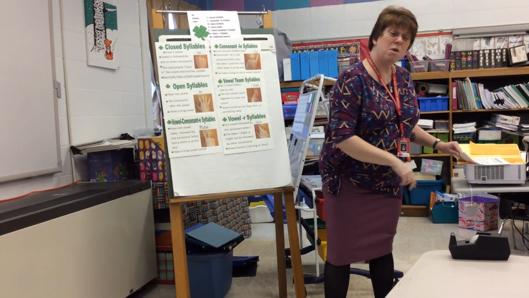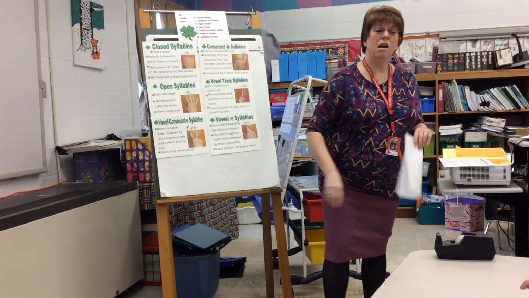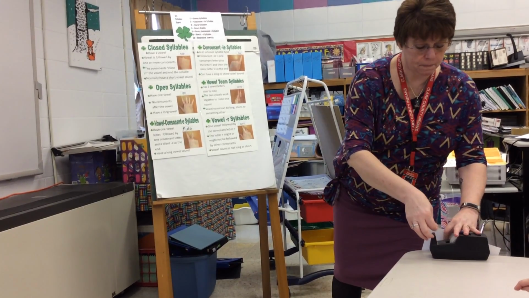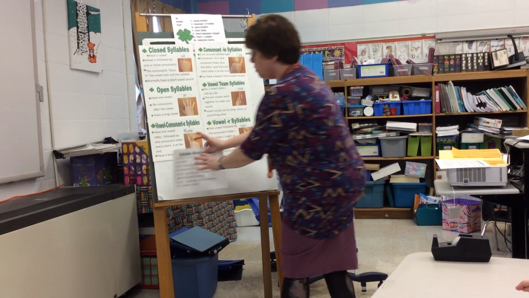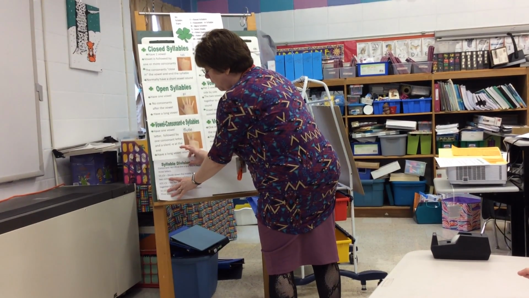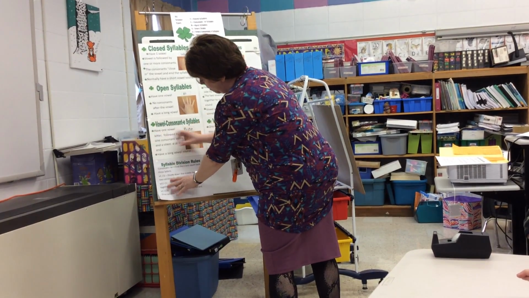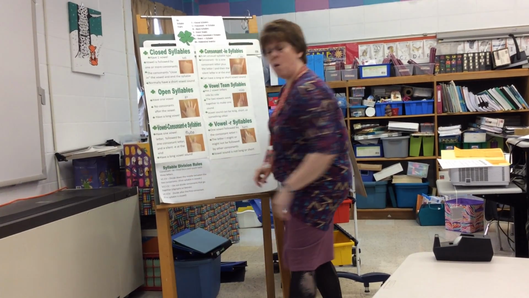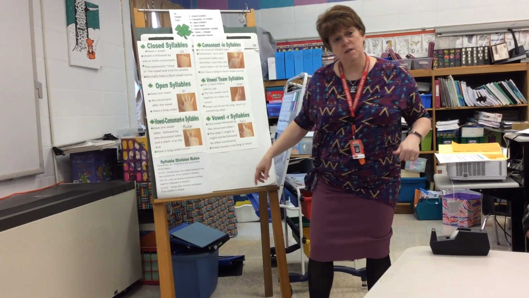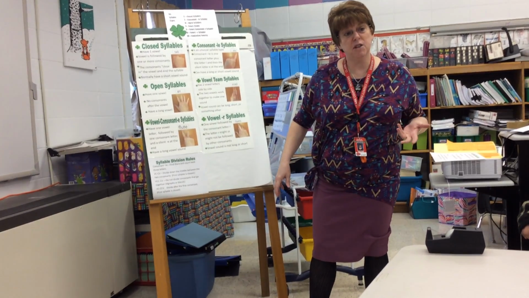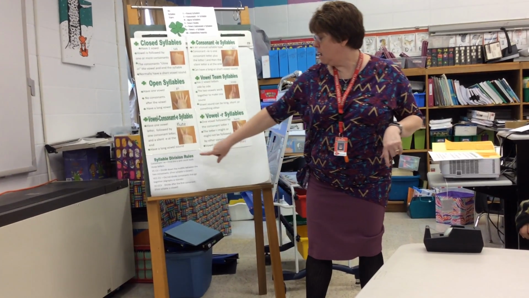Now, really quickly, I want to talk to you just a little bit about when you have those big words, to divide them into syllables. There are some rules that you can remember. Now, there are lots of rules, so I will put this up. We won't learn them all at once, but as we are learning the different kinds of syllables, we're learning how to divide these words.